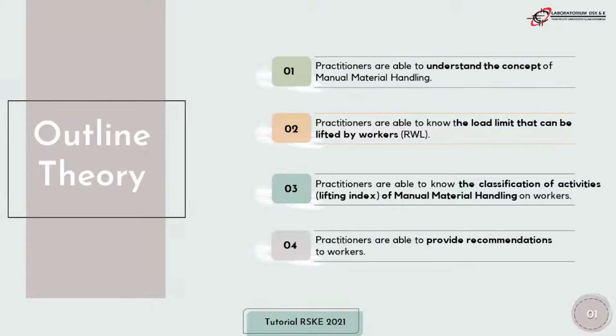The third is you are able to know the classification of activities of manual material handling on workers, which is called the lifting index. The fourth and last is that you are able to provide recommendations to the workers. The explanation regarding the RWL and lifting index will be given in the next slide.